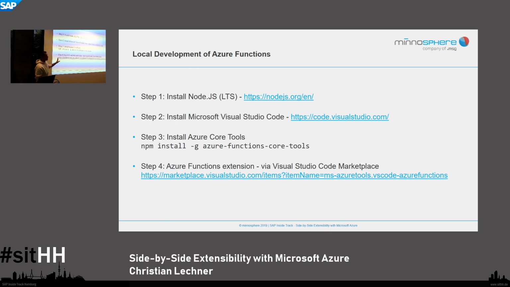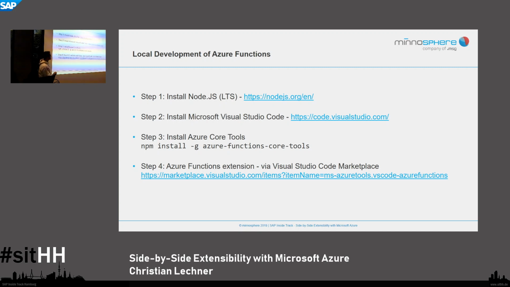Working with Azure functions is super easy. It's 4 steps on a Windows machine. Linux and Mac OS is a bit different, but there is a tutorial documentation. I think it's even less steps. So you have to install Node.js on your machine, which you anyway have.